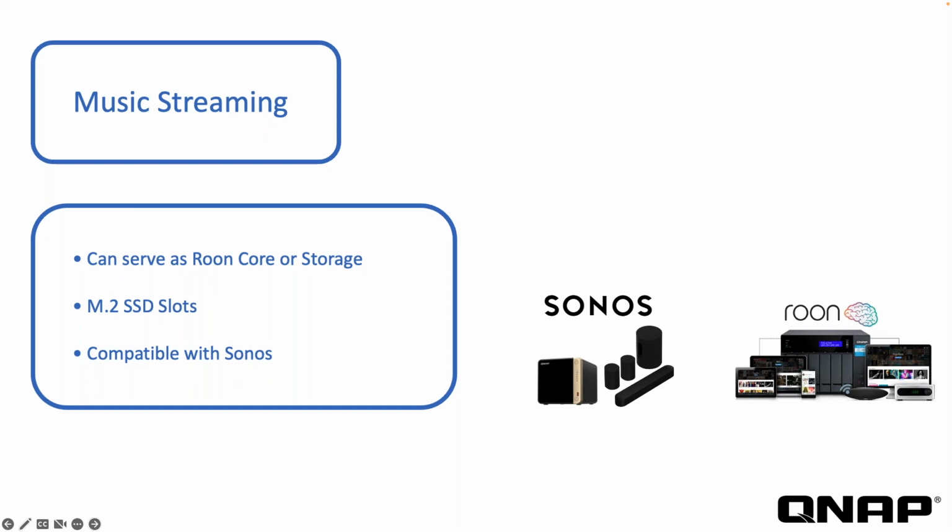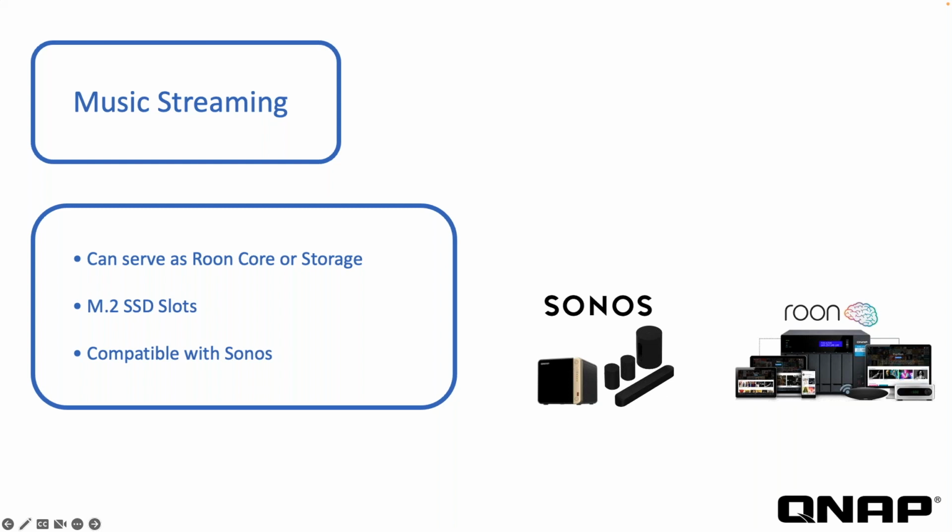SSD storage is pretty important if you're running a Roon core. In terms of Roon storage, it's probably okay to have HDDs, but running the Roon core should be done on the SSD.